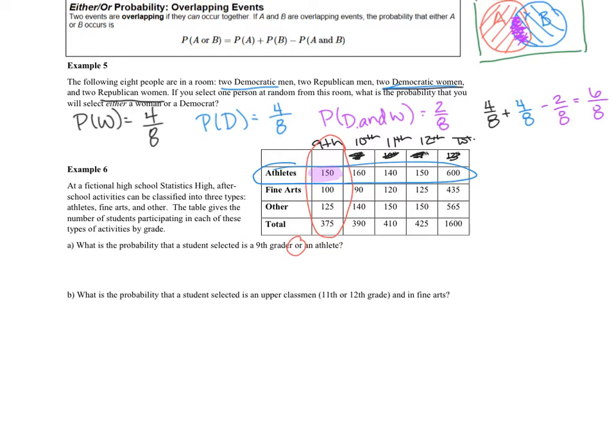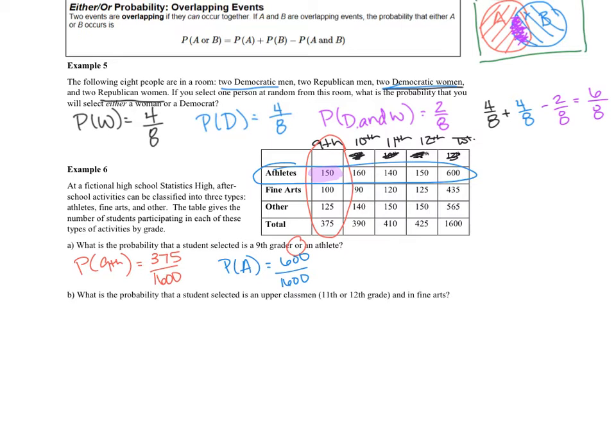And we realize that when we do this addition here, when we look at the 9th graders first, we have the probability of being a 9th grader is equal to 375 out of 1,600. And then the probability of being an athlete is equal to 600 out of 1,600.